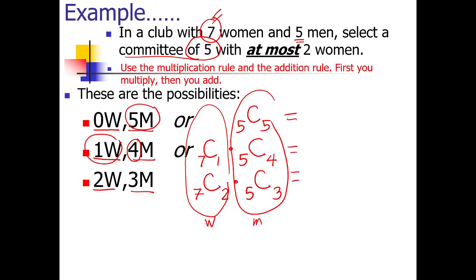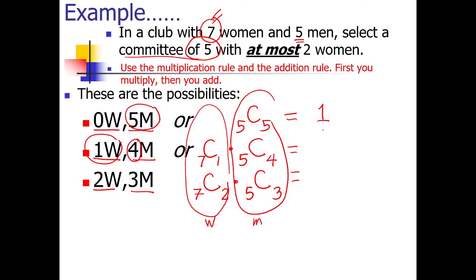What is 5 combination 5? 1. Correct. What about 7 combination 1 times 5 combination 4? How much is it?